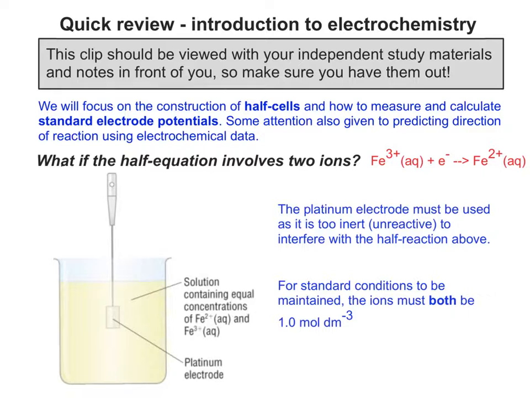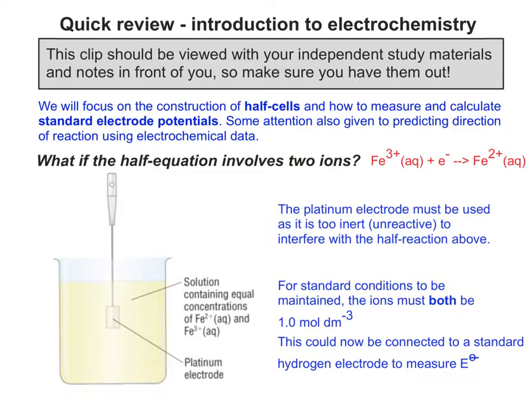Standard conditions are maintained by making sure that both the ions are in the same concentration, and if we're measuring this using a standard hydrogen electrode, all we'd have to do is connect it up with a voltmeter and we'd get the electrode potential of this particular half cell.